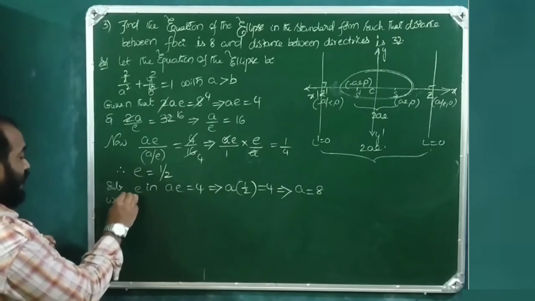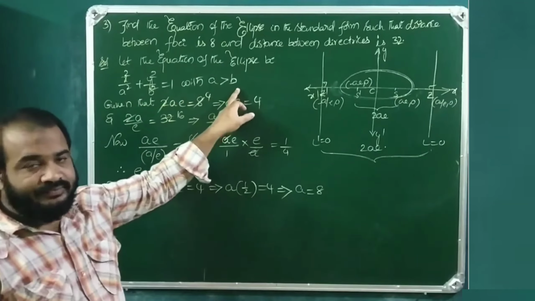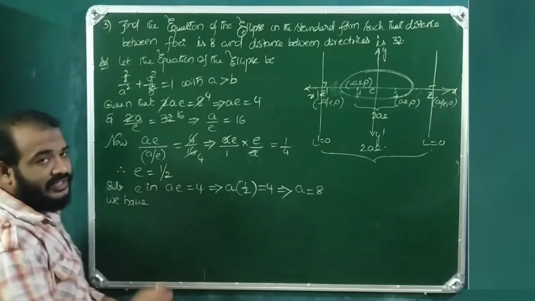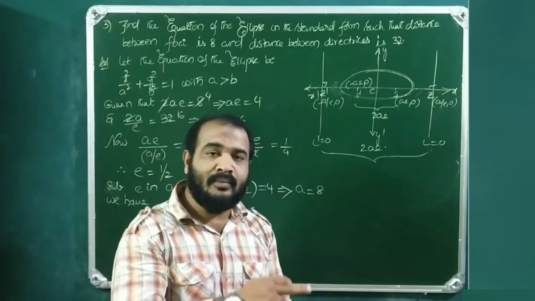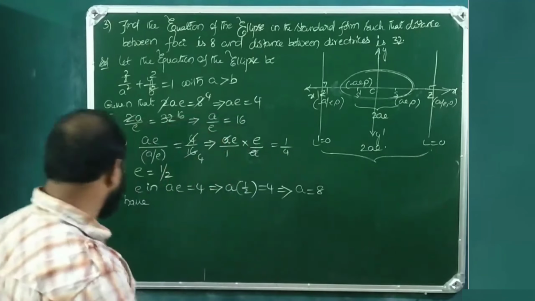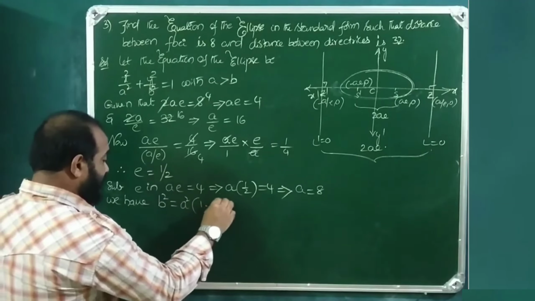Since it is the A greater than B case, the condition among A, B, E, major axis, minor axis and the eccentricity is B square equals A square into 1 minus E square.